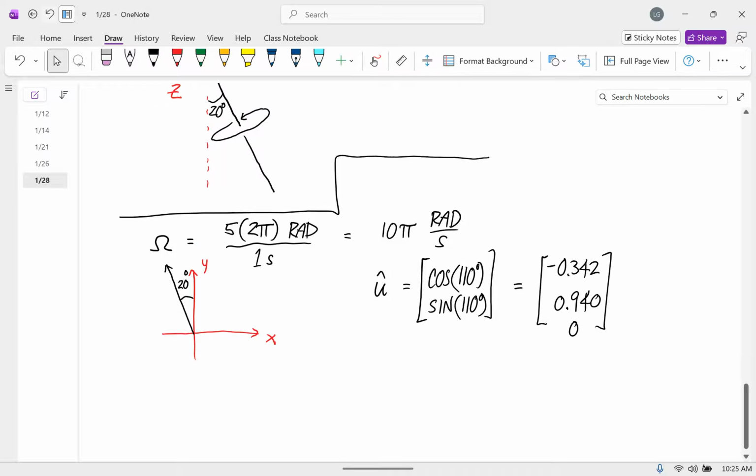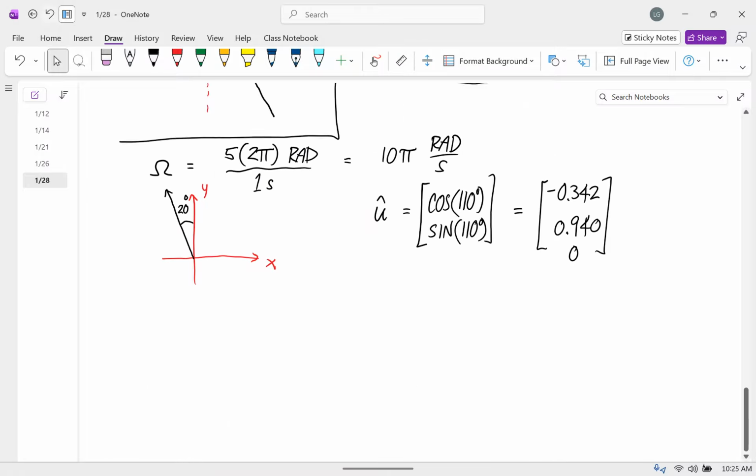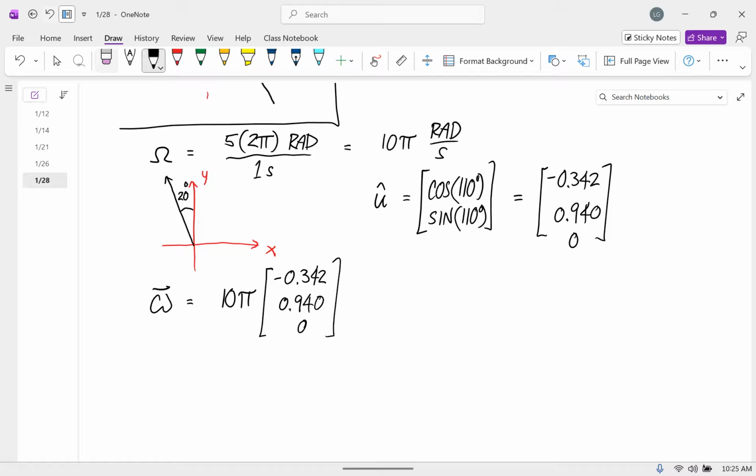Okay, and now put these two things together. The magnitude of this rotation, which was 10 pi, times this unit vector. Let me just multiply that out quick.